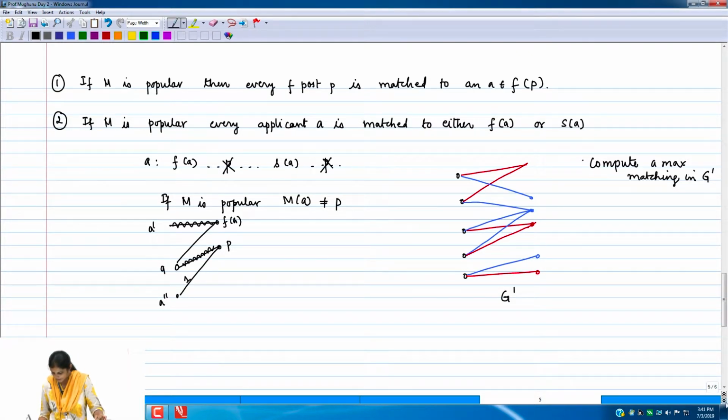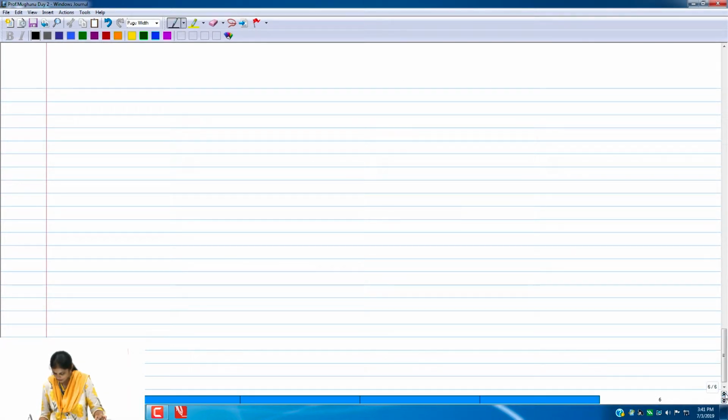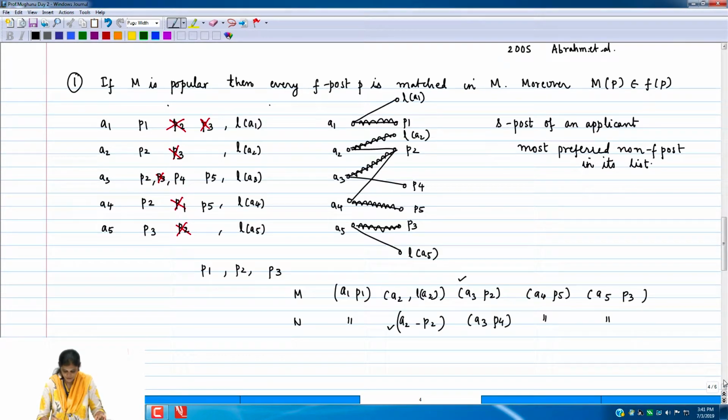In particular, in our example, they may have computed a matching which matches A1 to L of A1 and does not match A1 to P1, right? It's just a matching of the largest size. Therefore, it doesn't know that L of A is something which is last resort and dummy and so on. We cannot tell that to that algorithm. So it will output a matching which is a maximum matching.